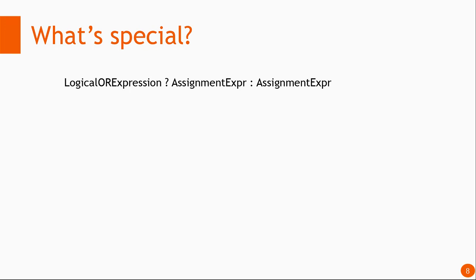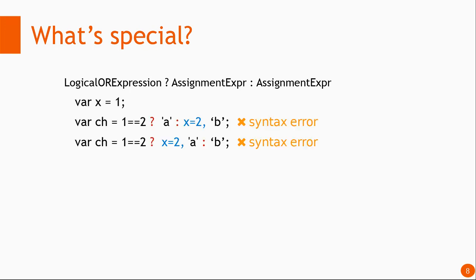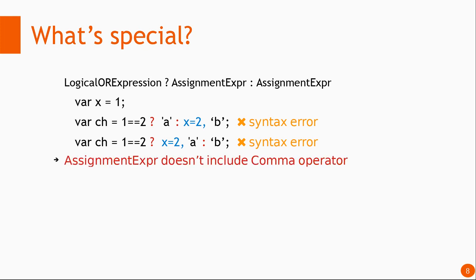Here's an example. You may try it in your environment. It should throw a syntax error. The reason is that the conditional expression does not include the comma operator, and it's by design according to the JavaScript standard, because they don't like to embed many comma expressions in a conditional expression that looks bad.